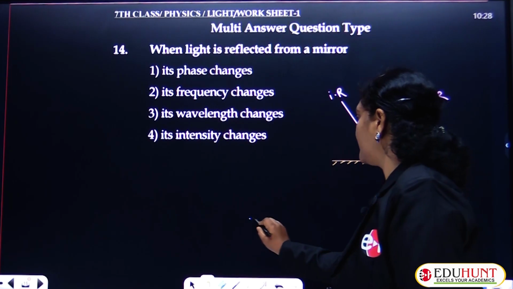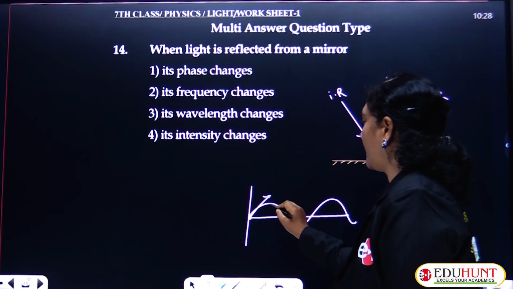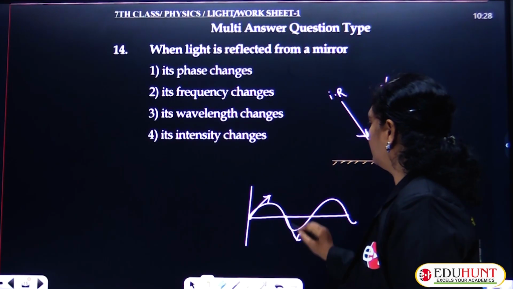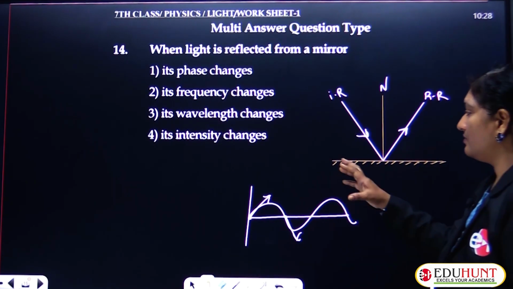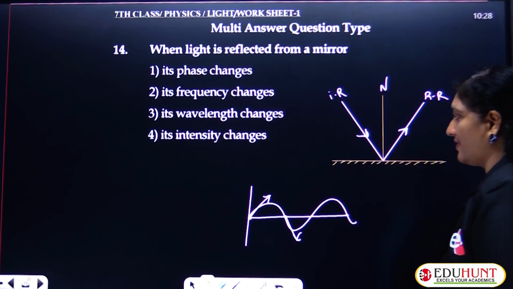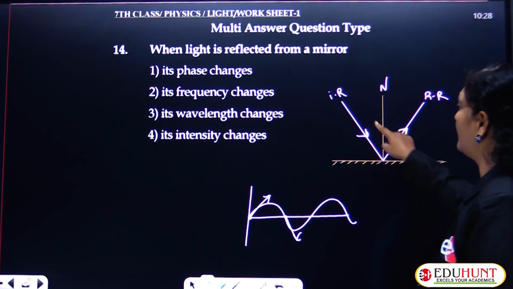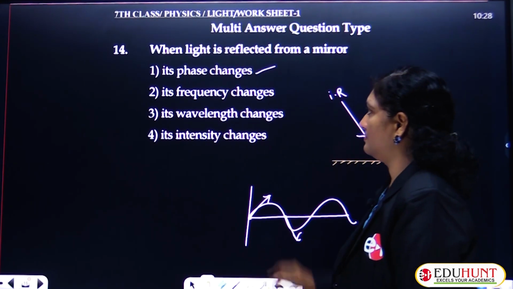As you have studied in wave motion, upside, downside, so hence the thing over here. So whenever a light ray is reflected from a mirror, its phase changes.